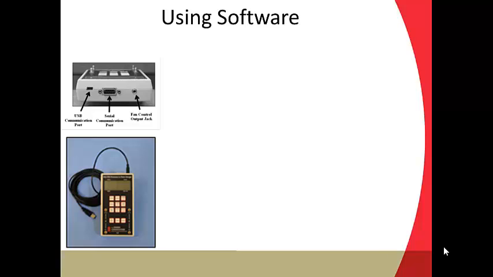When we're using software, we have to make a connection between the DG700 and our computer, so our computer can control the fans and see all of the pressures. And our gauges that are newer than November 2009 have a USB communications port. And it comes with a 15-foot cable.